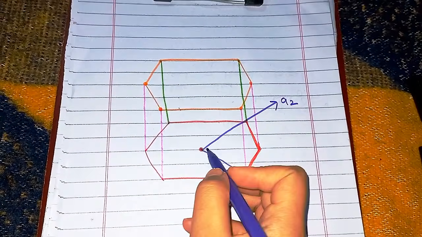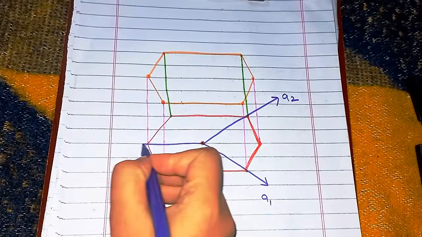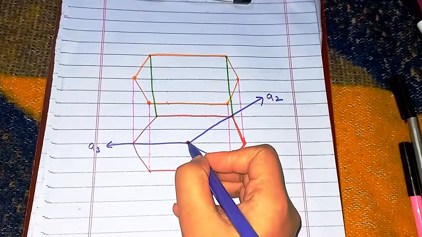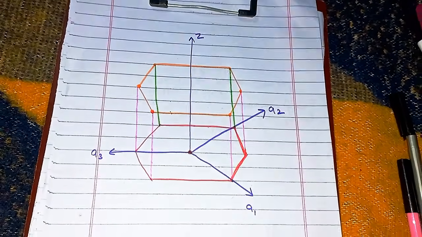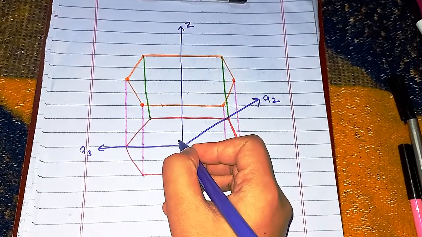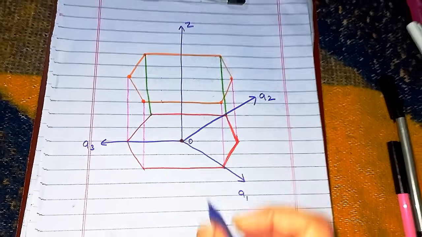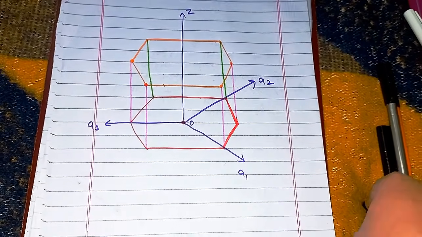And then leaving this corner untouched, this corner is A3, which will not be considered here, but you should know what it is. And from this point vertically upward is the z-axis. This point at which all of the axis lines touch each other is the origin.